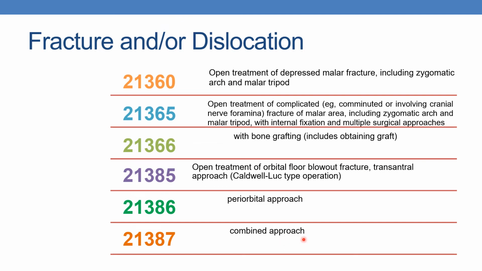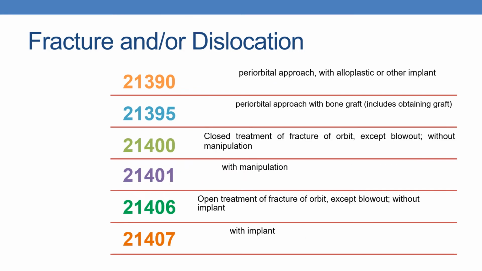Both are used in the case of 21387 to treat orbital floor blowout fracture. The next is 21390. It uses periorbital approach with alloplastic or other implant. The next is 21395. It deals with periorbital approach with bone graft.